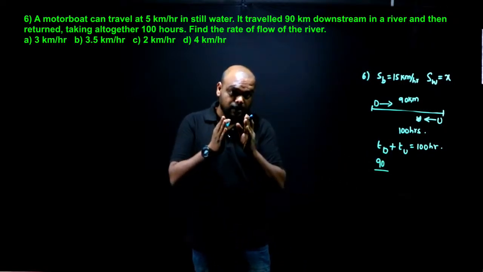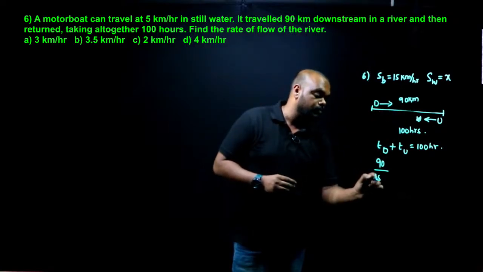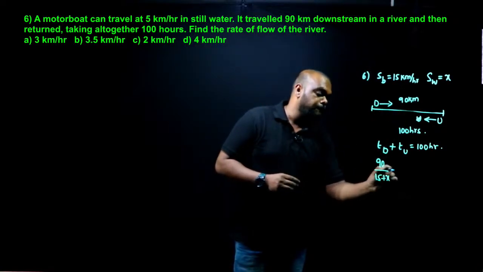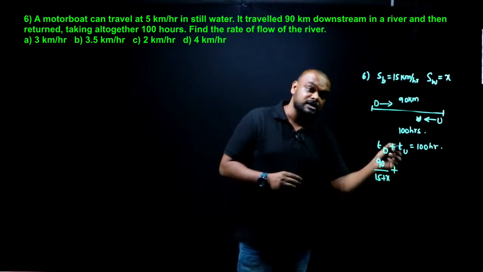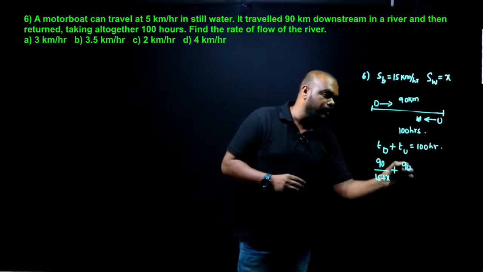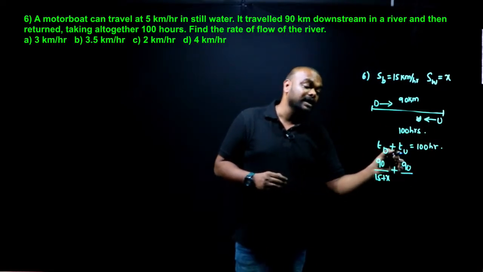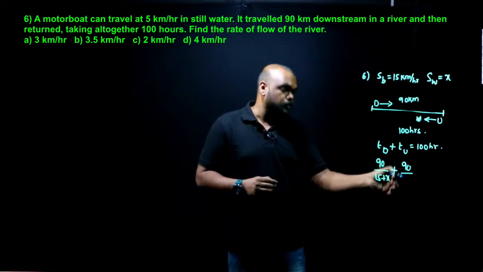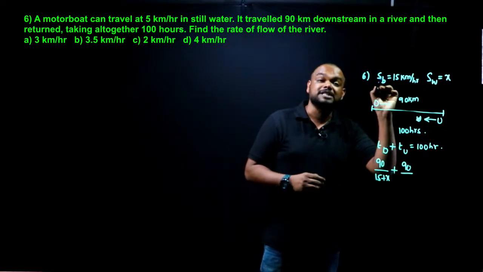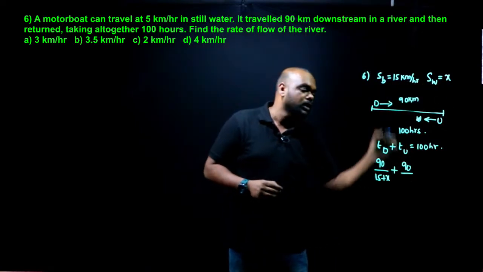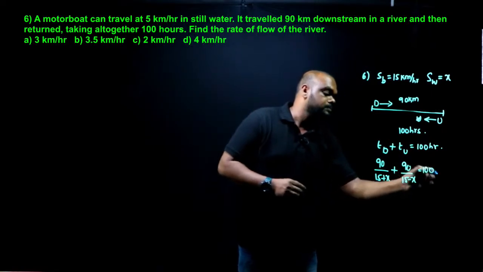We know that downstream speed is SB plus SW, that is 15 plus X, plus time taken during upstream, which is distance by speed. Distance 90 kilometer divided by upstream speed. We know upstream speed is SB minus SW, that is 15 minus X, equal to 100 hours.